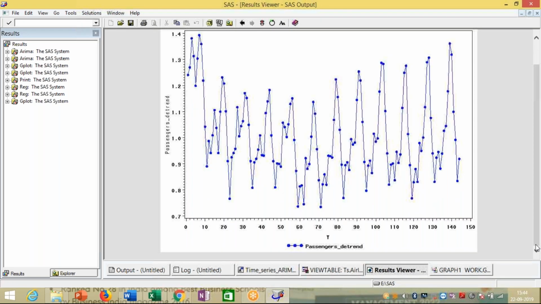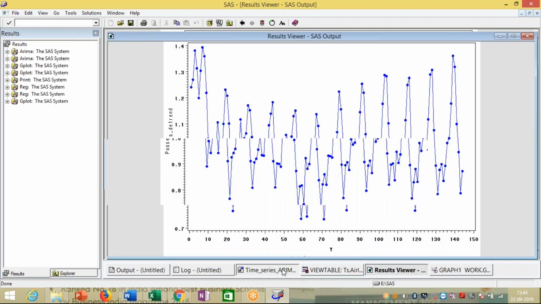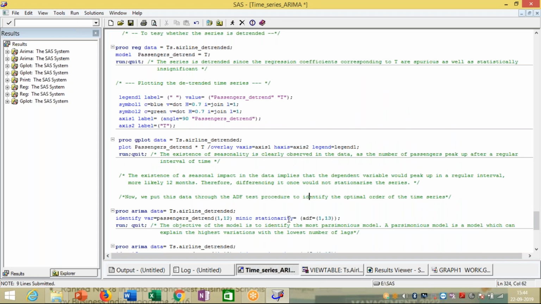Right. Now, the next question that I need to study is whether this series is now stationary in nature. And to do this, there are two things we need to incorporate. One is the MINIC criteria.